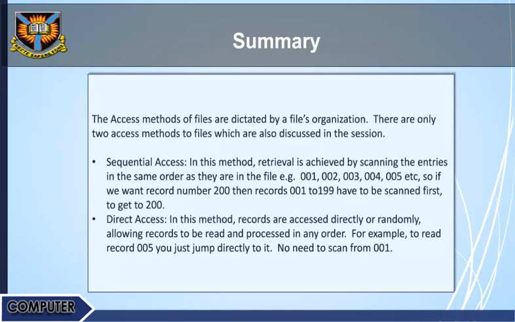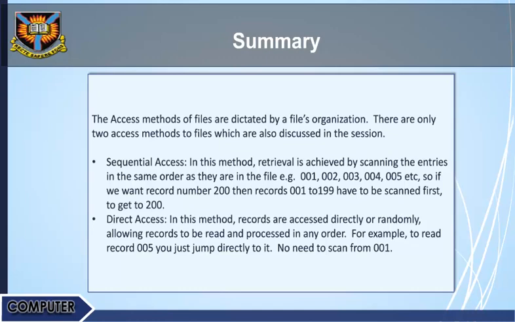There are only two access methods to files, which are also discussed in this session. Sequential access. In this method, retrieval is achieved by scanning the entries in the same order as they are in the file, e.g. 001, 002, 003, 004, 005, etc. So, if you want record number 200, then records 001 to 199 have to be scanned first to get to 200.